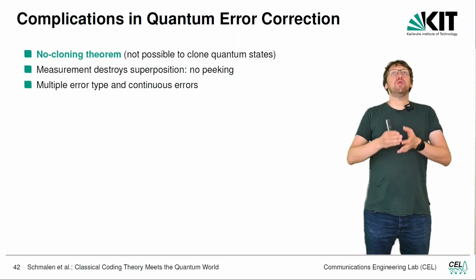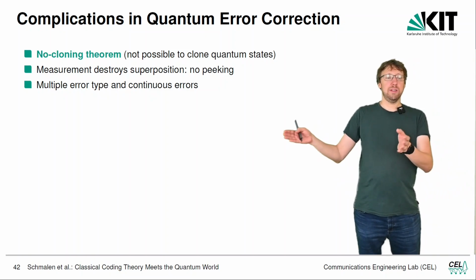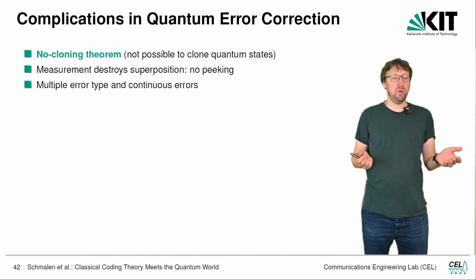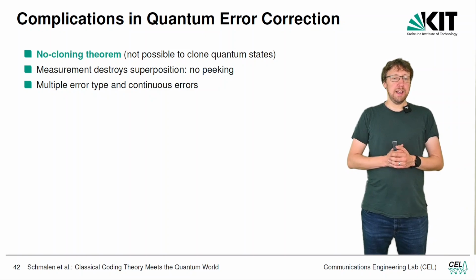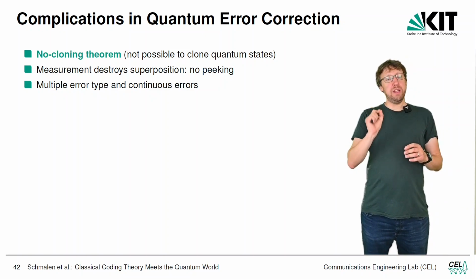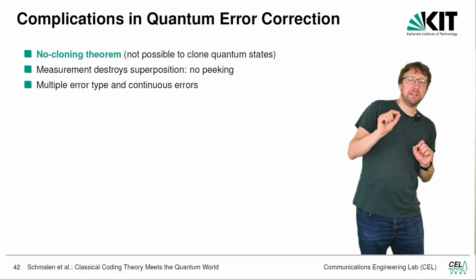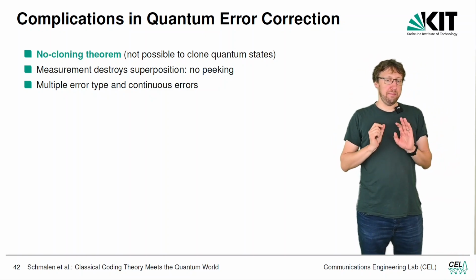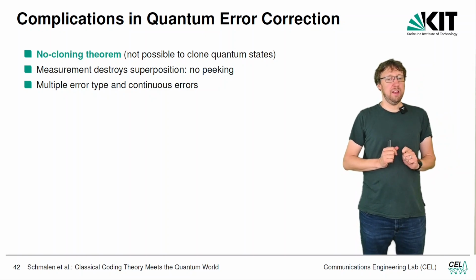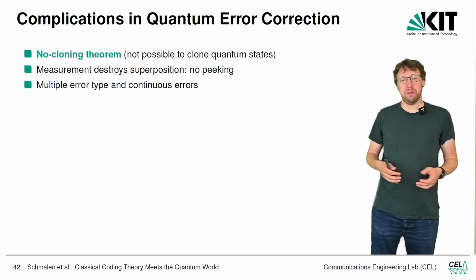So we cannot use a traditional repetition code. We cannot just go ahead and clone some states. This will not work. The second issue is that measuring destroys the superposition. So we cannot peek into the code word and see if we may need to correct something.